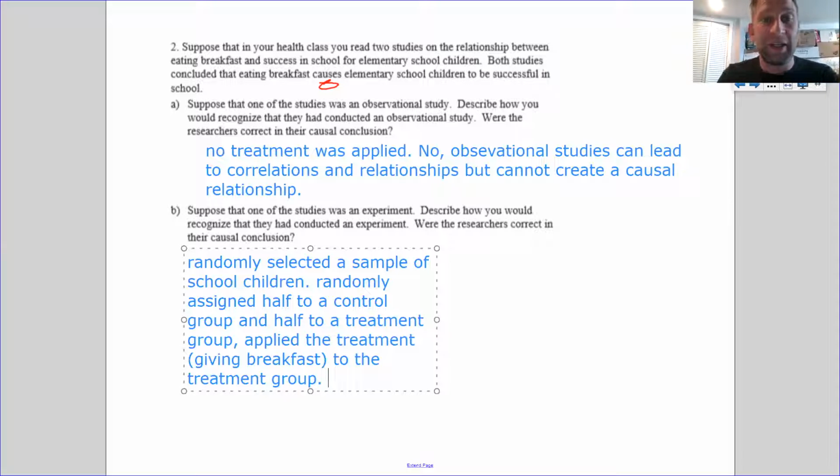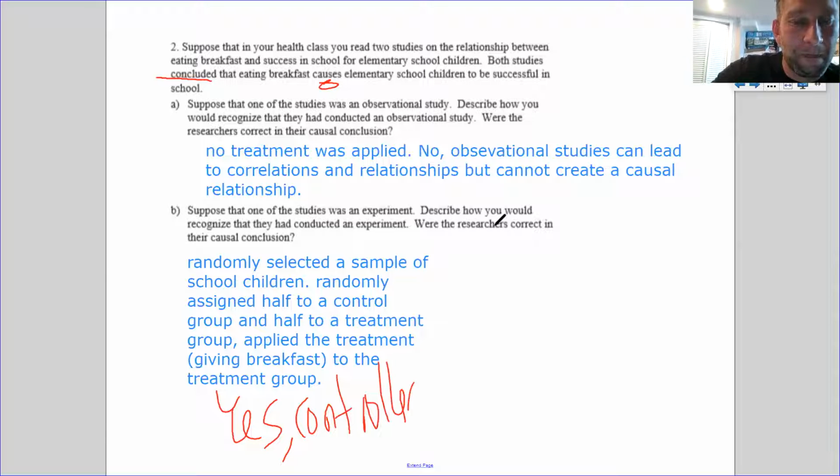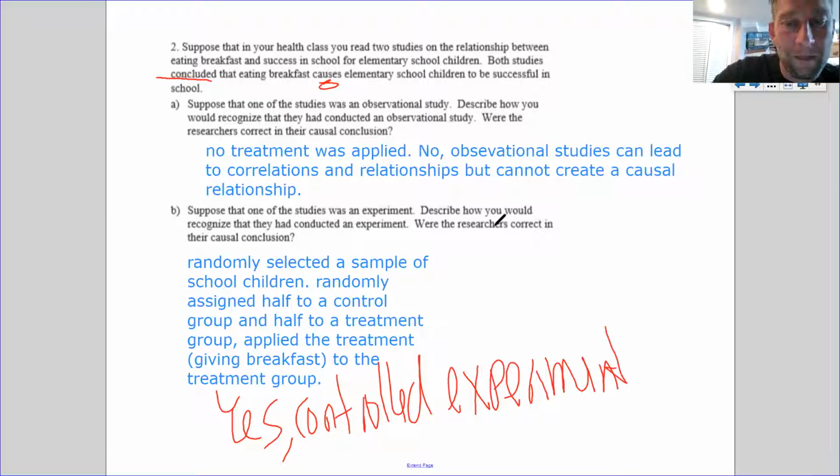Being how both studies concluded, I mean, if there was a significant difference, if the mean difference was outside the confidence interval, then I would say yes. Controlled experiments can create causal relationships.